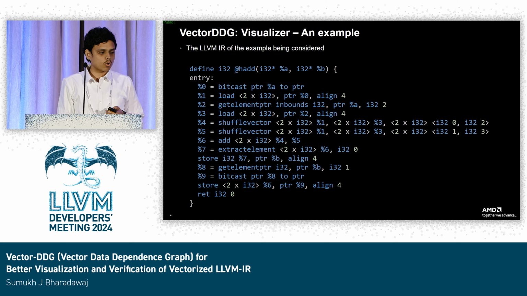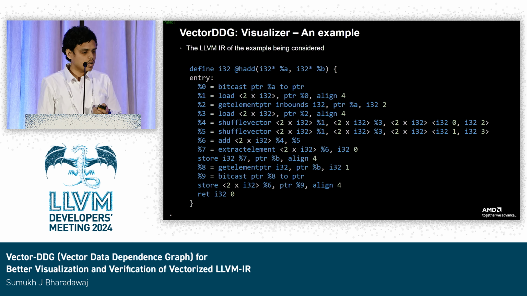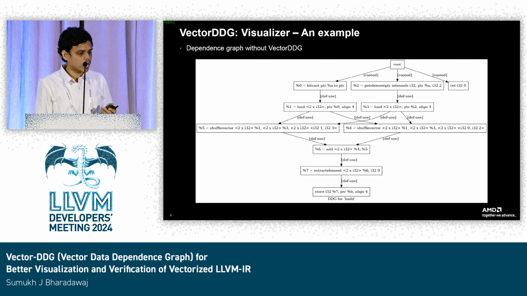So let us consider the following example. Here we have a combination of instructions that greatly modify the data flow. Now, if you look at the original data dependence graph, we acquire no information about the shuffle instruction which performs modification in the data lanes.